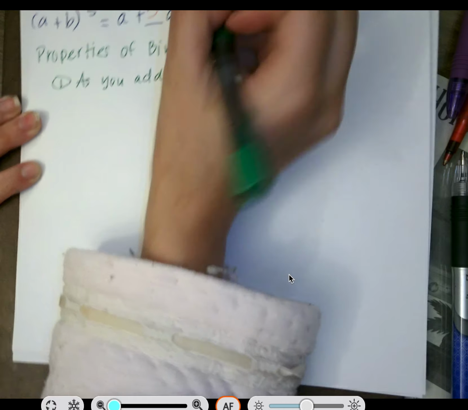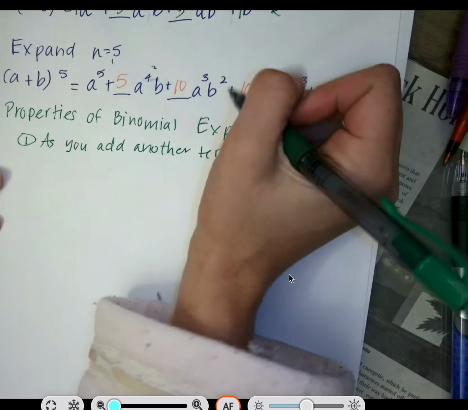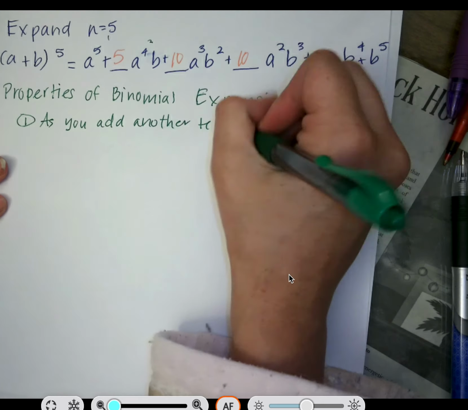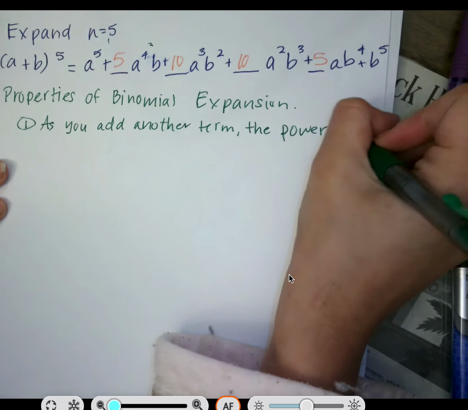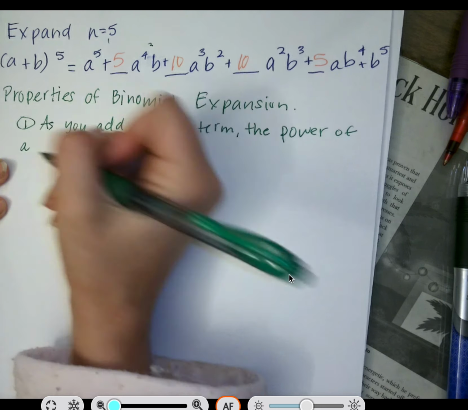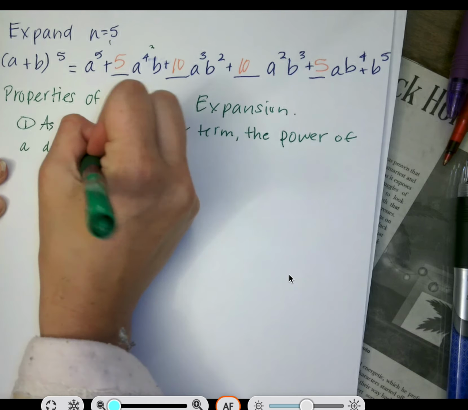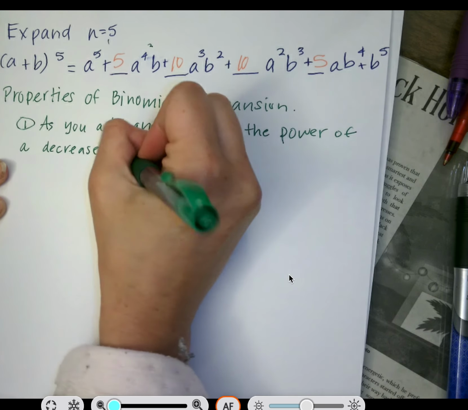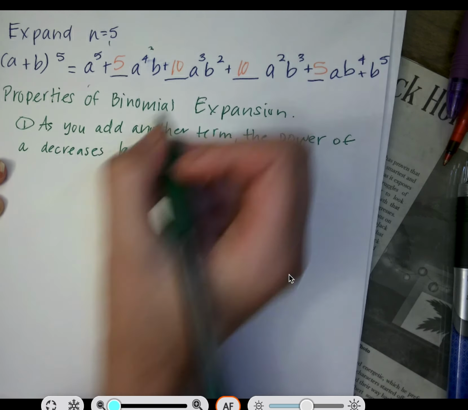So this is your first term, your second term, third term, fourth term, whatever's after that plus or minus sign. The power of a decreases by 1, right? So 5, 4, 3, 2, 1.